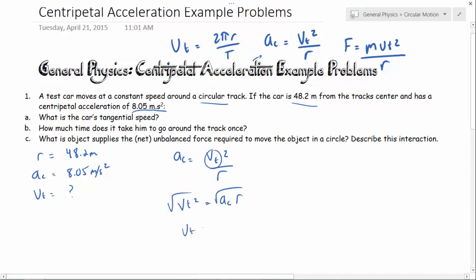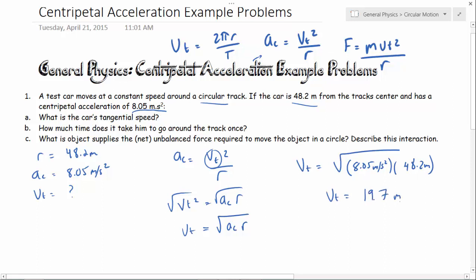We get that Vt is equal to the square root of ac times the radius. Now I can plug in: Vt is equal to the square root of the acceleration, 8.05, times the radius, 48.2 meters. When I plug all those in, I get a tangential velocity of 19.7 meters per second.